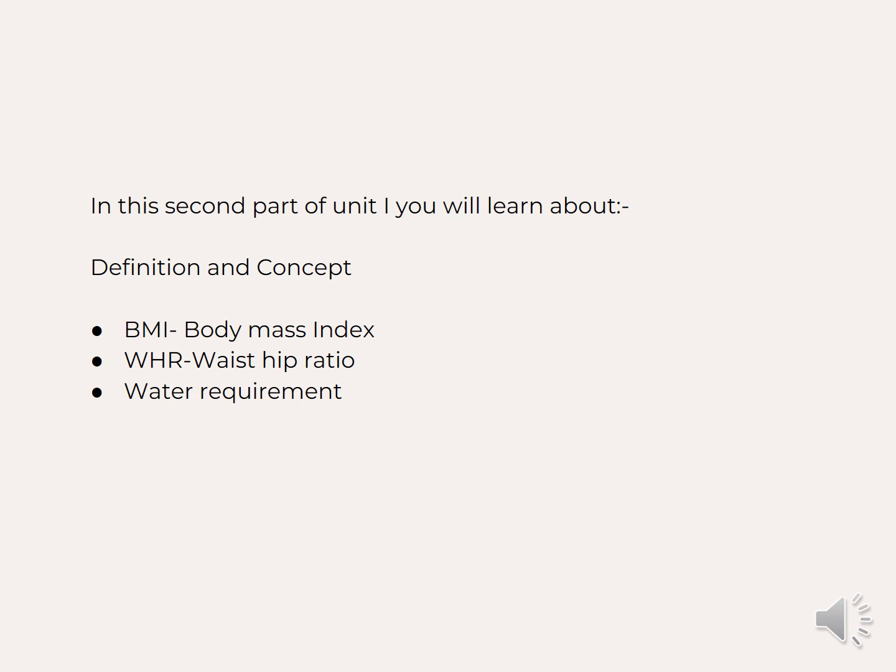By knowing this, we can judge the health status of the person more effectively and give them remedies to improve their health status. Apart from that, this unit will also deal with water requirement, water which is a very, very essential element for human life.